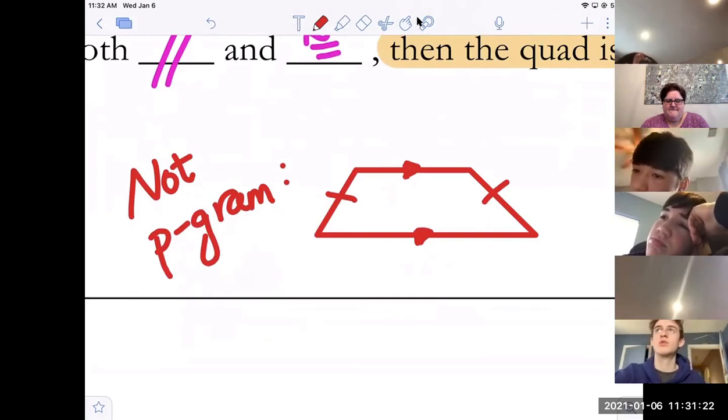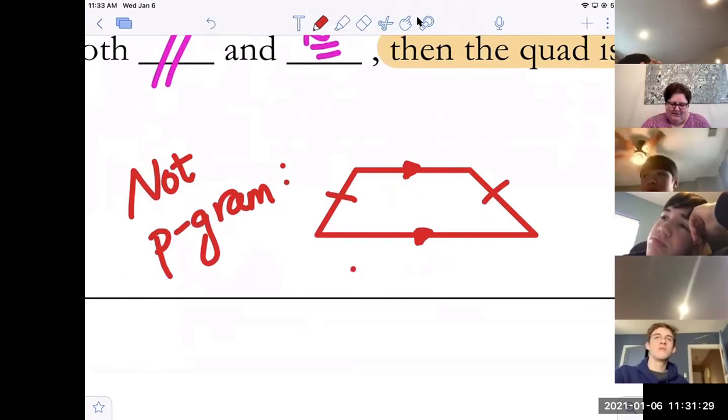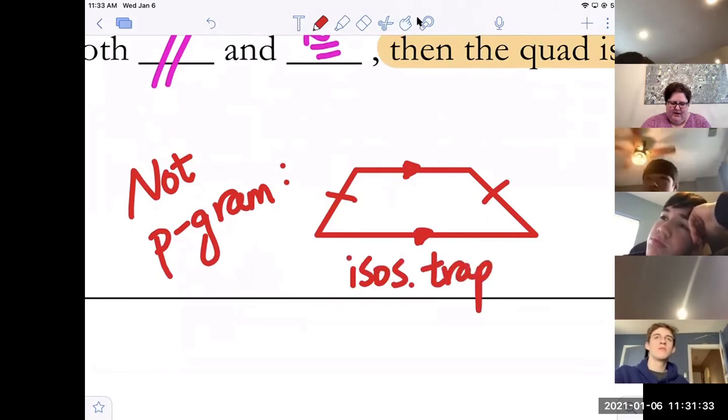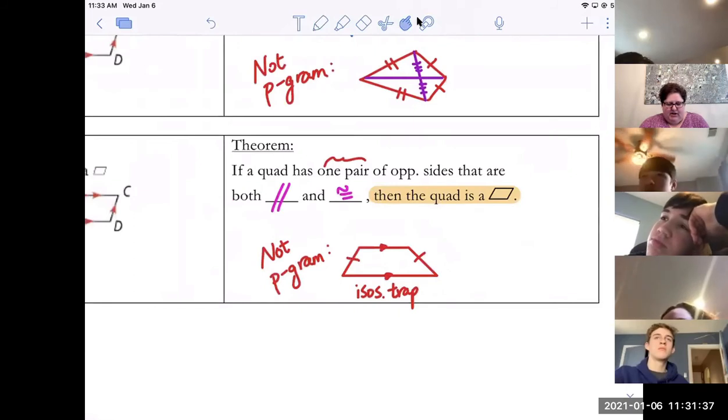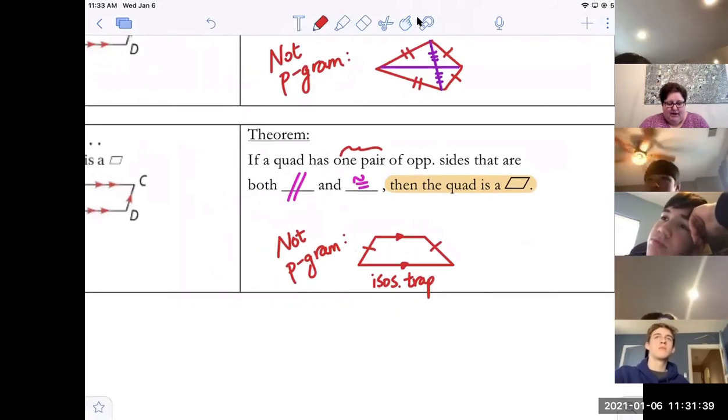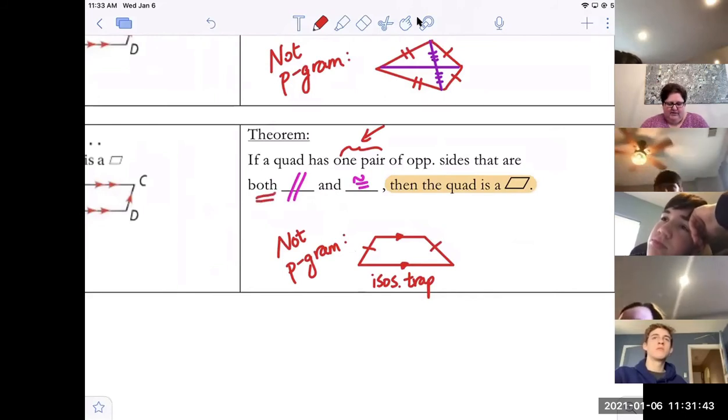Trapezoid. What kind of trapezoid? An isosceles trapezoid. Okay, isosceles trapezoids only have one pair of parallel sides, so they're not parallelograms. But you got to make sure that you're thinking that the same pair of sides are both parallel and congruent.